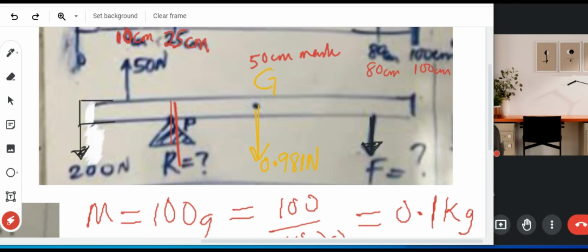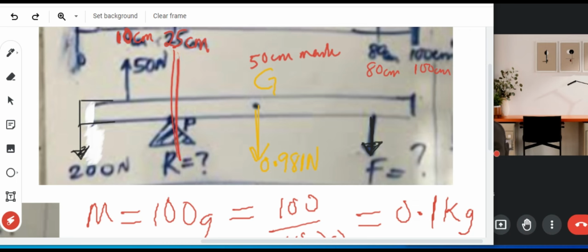Now the question also requires us to find R. There's a force on the pivot, R. To get R, we can apply the second condition for equilibrium, which is total forces in one direction is equal to total forces in the opposite direction. In other words, total forces upwards will be equal to total forces downwards. We may not be sure about the direction of the force at the pivot, R, but we can assume it to be acting upwards.